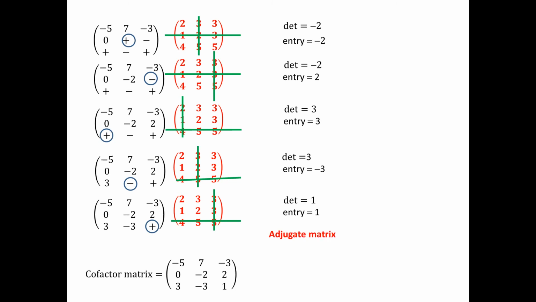The adjugate matrix is simply the transpose of the cofactor matrix. So the first row of the cofactor matrix becomes the first column of the adjugate matrix. The second row of the cofactor matrix becomes the second column of the adjugate matrix, and the third row of the cofactor matrix becomes the third column of the adjugate matrix.